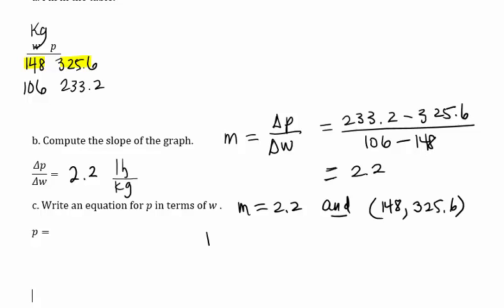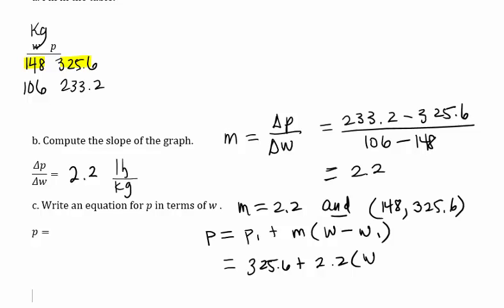Okay, so typically, it's y equals, but we're going to write it as P equals, and it'll be P1 plus M times W minus W1. Okay, and P1 is 325.6 plus 2.2 parentheses W minus 148.